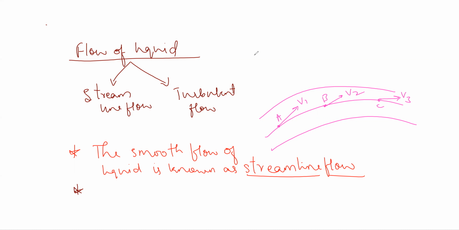So again, flow of liquid is classified into two types, that is, streamline flow and turbulent flow.